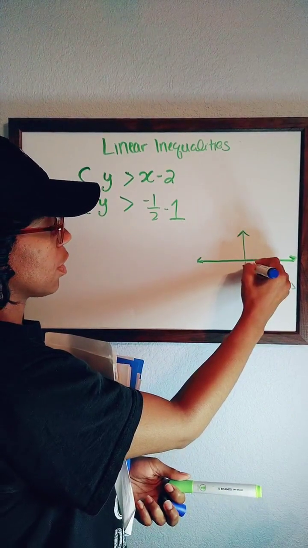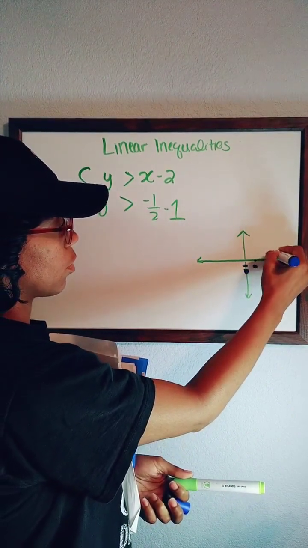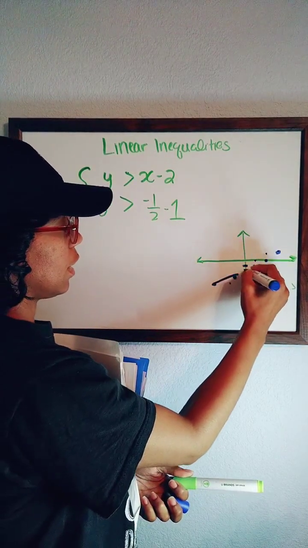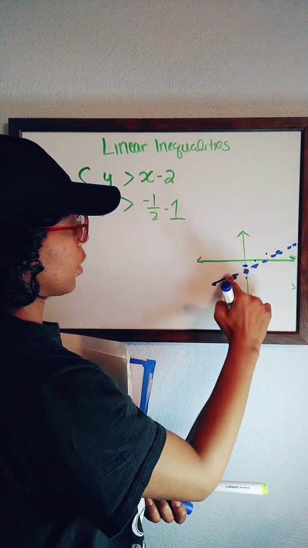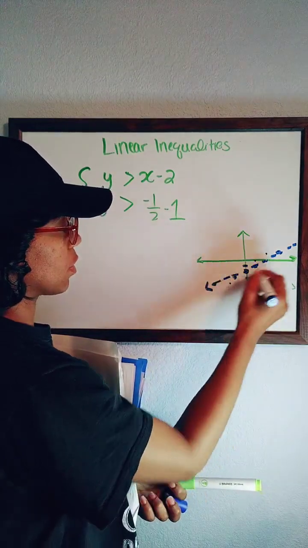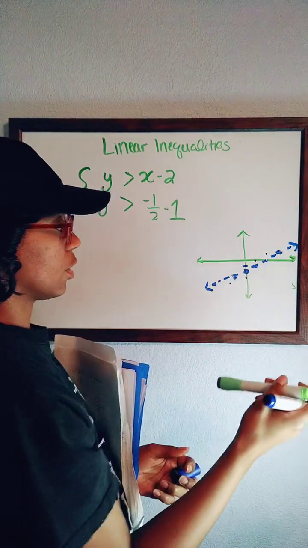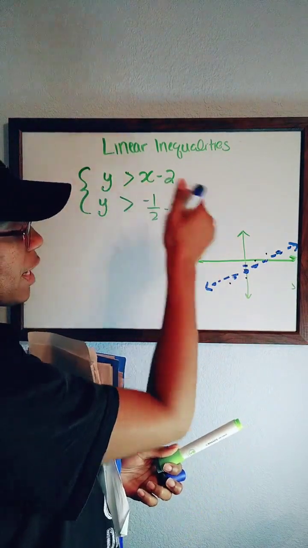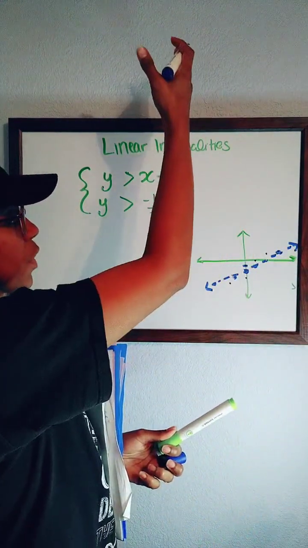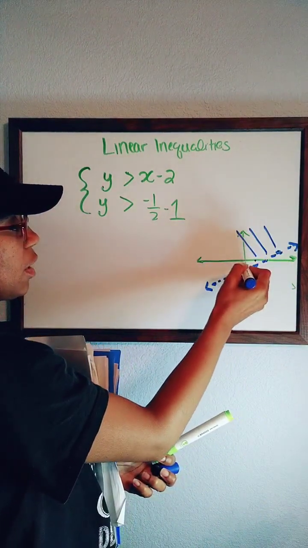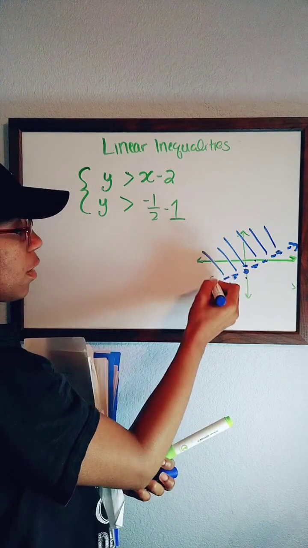I'm going to go up 1 over 1, up 1 over 1, up 1 over 1, down 1 over 1, down 1 over 1. And then I'm going to dash that line as well, because the numbers that are on the line are not included. This says to shade above the graph. So I'm going to come up here and shade above the graph.